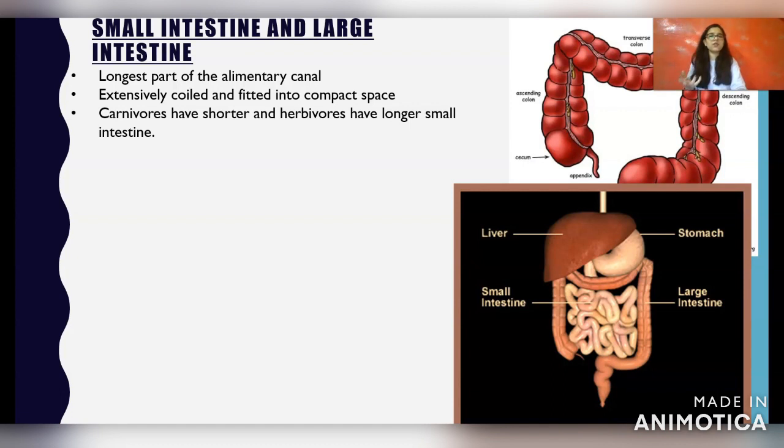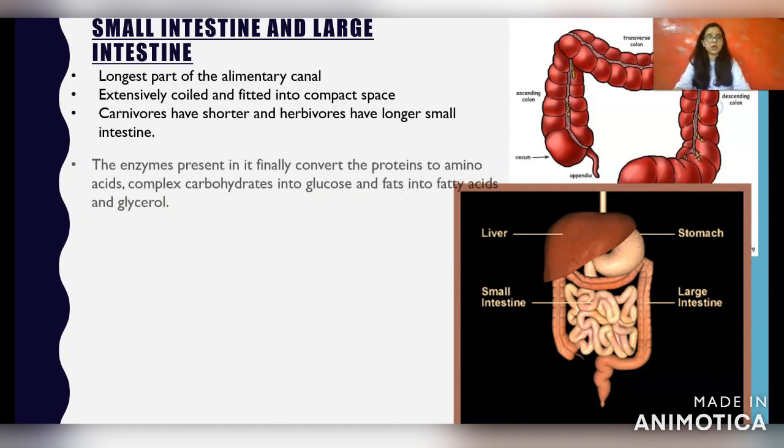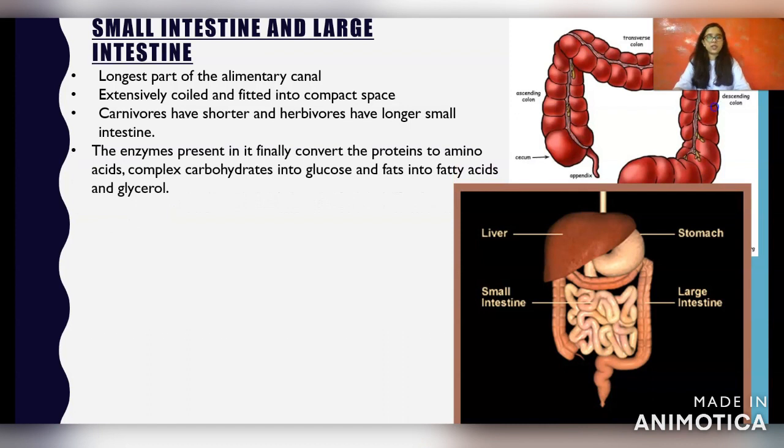Carnivores are eating animals, right? So when they are eating meat, it is less difficult to digest. Herbivores are eating plants, that means cellulose basically. That's why they have a longer small intestine, because cellulose takes a lot of time to digest.